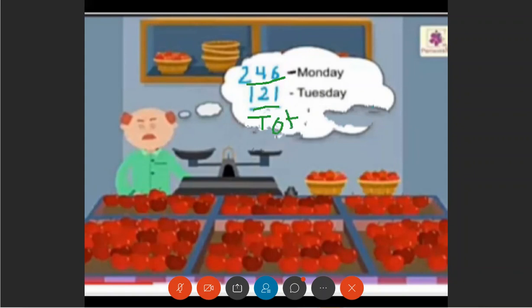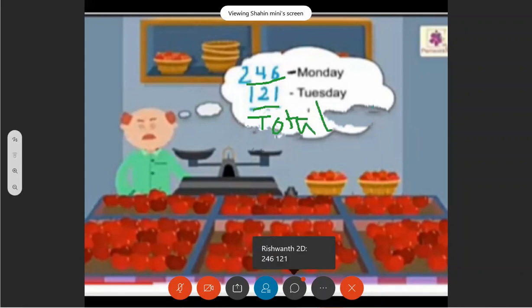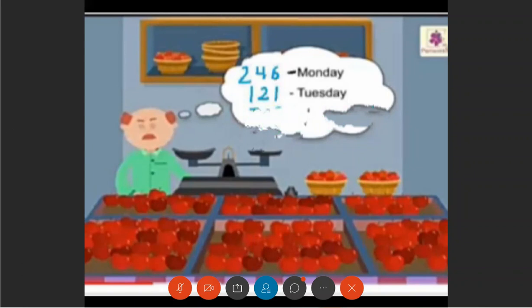So he wants to know the total of these 2 days. Total means what to do, children? We have to add. So what are we going to do? We are going to first write the statement.